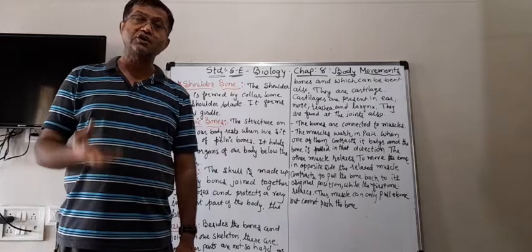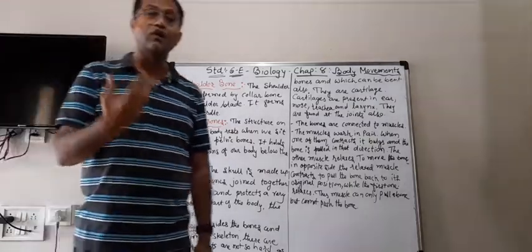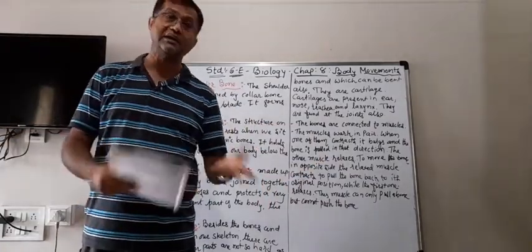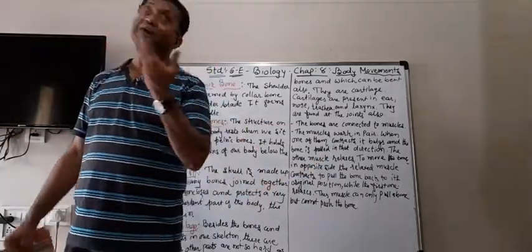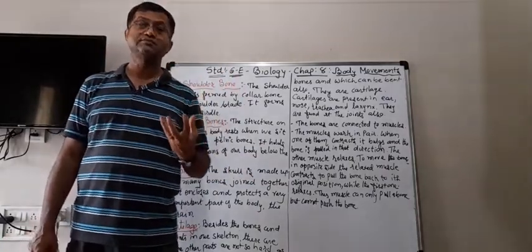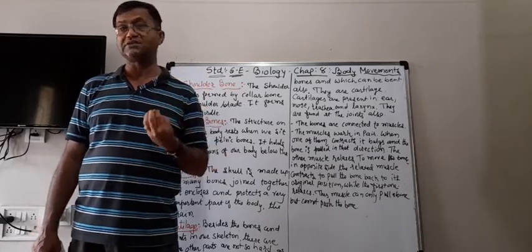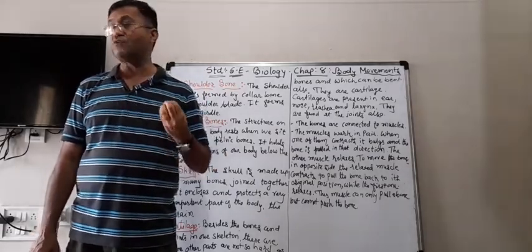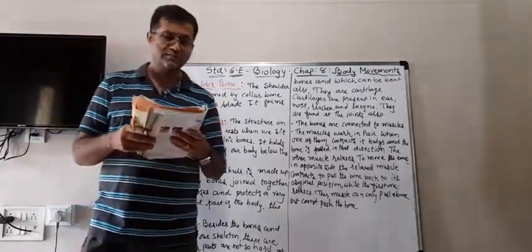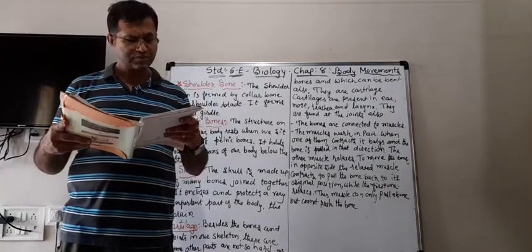Because of the bones, we can stand, and then we can walk, we can do different types of work, we can move our hands and legs and our shoulder and our face, etc. So if there are no bones, it is impossible to do all these things. And therefore, it is a very, very important part of our body. So the skeleton system is like that.